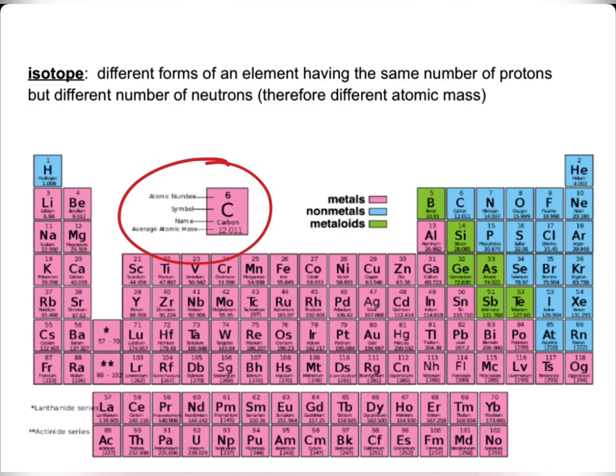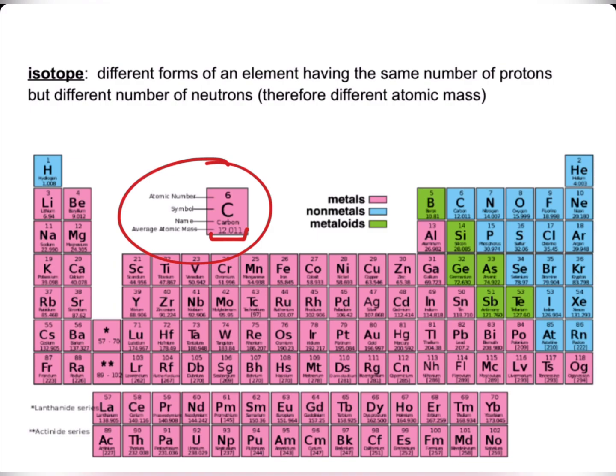Now, they differ in neutrons because they have a different atomic mass, but what gets reported on the periodic table is the average atomic mass, and this periodic table is reporting 12.011 AMU for carbon. So what they did was they took the average of the 3 different isotopes and reported an average atomic mass unit.